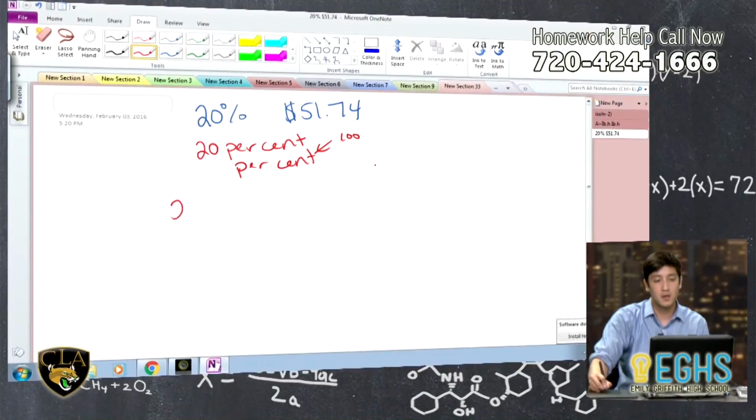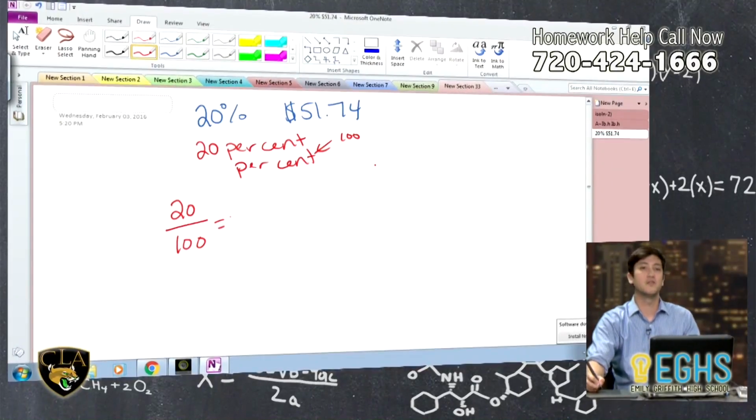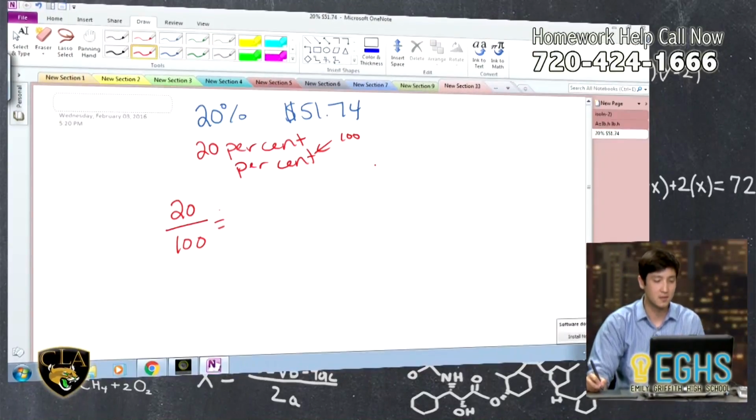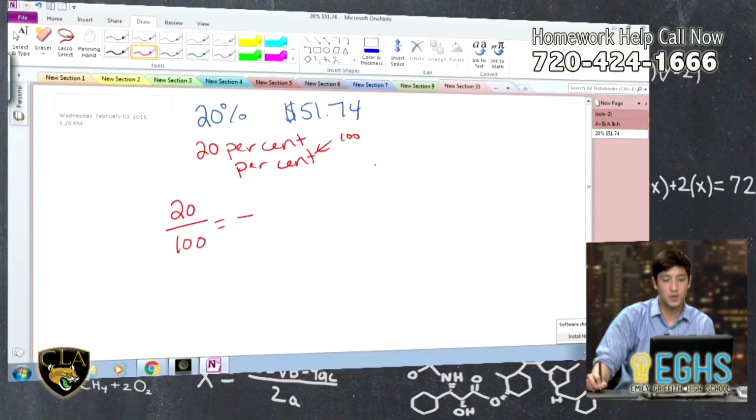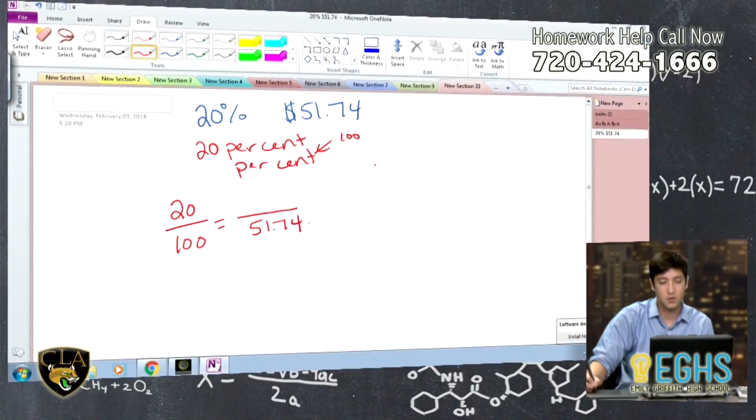Percent is always out of 100, so we're trying to keep this proportion of 20 out of 100 and apply it to money. We want 20% of 51.74, and we are looking for that dollar amount. So 20 of 100, and some amount of 51.74.